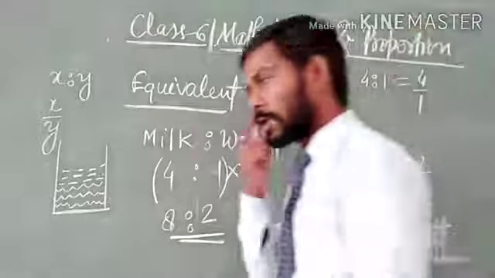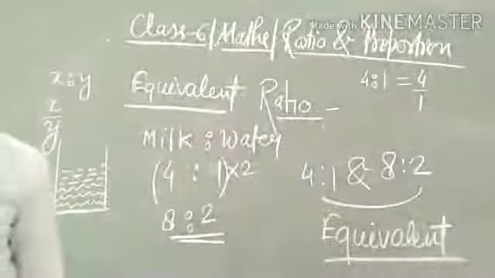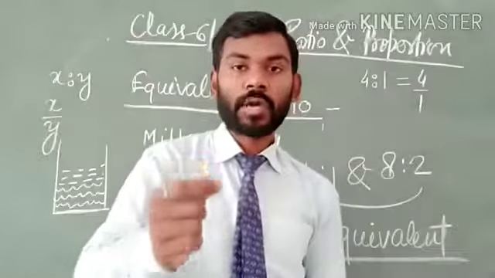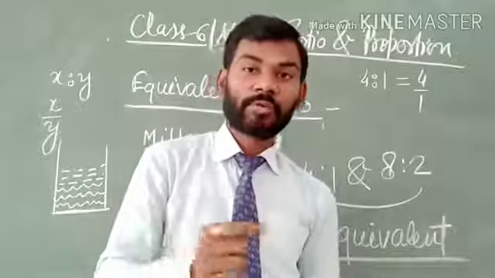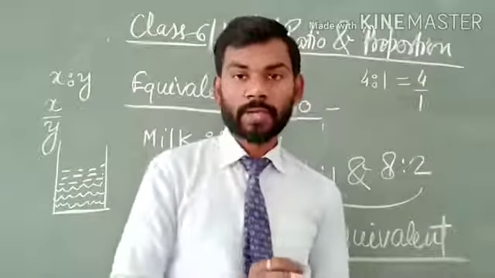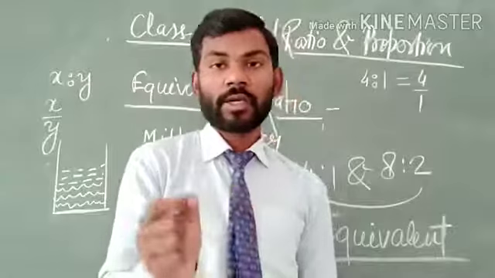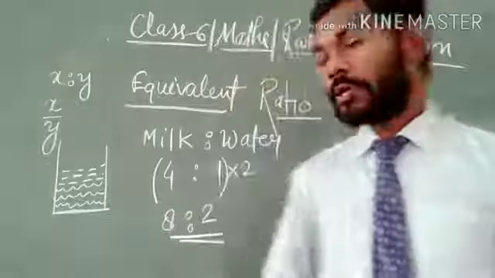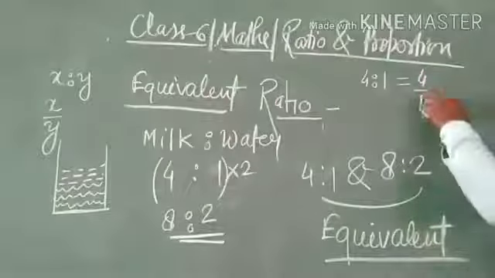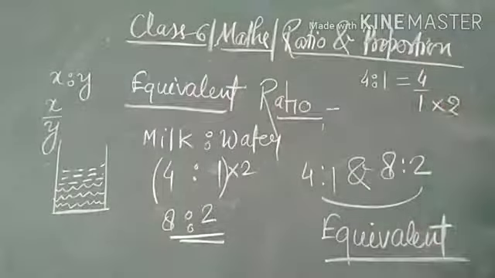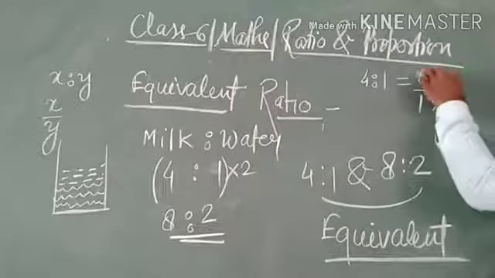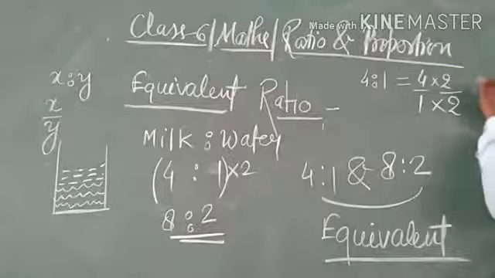And as I told you, if you multiply the numerator or denominator by any number, then you have to multiply the respective denominator or numerator by the same number in order to keep the value of the initial fraction constant. So if I multiply the denominator by 2, then we have to also multiply the numerator by 2, and in the final result we get 8 upon 2.